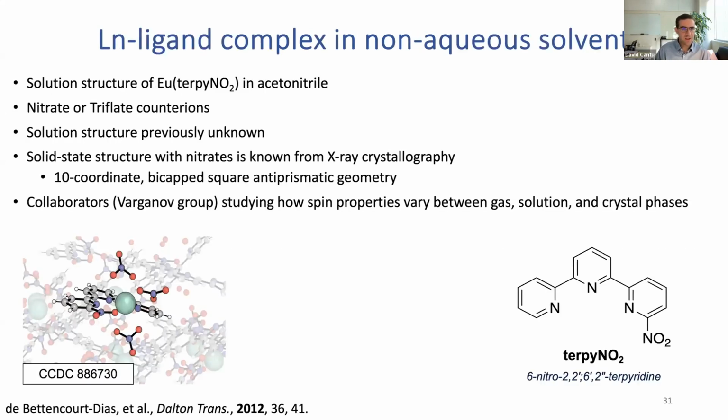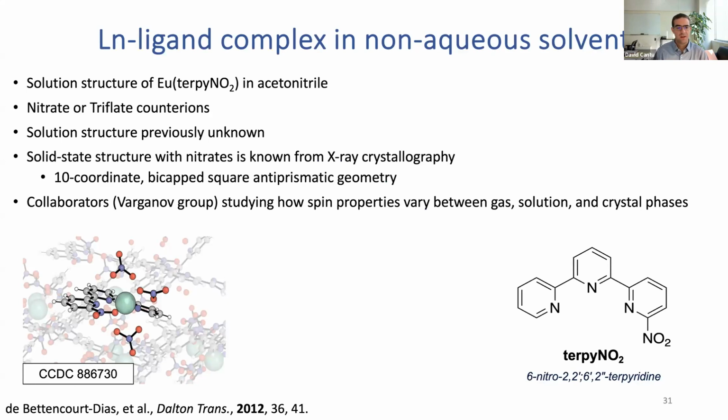So we're also studying this system, europium with terpieno2 in acetonitrile. This is not in the context of solvent extraction, but a collaboration with Sergey Barganov, my collaborator in chemistry at UNR, and he's very interested in spin properties.